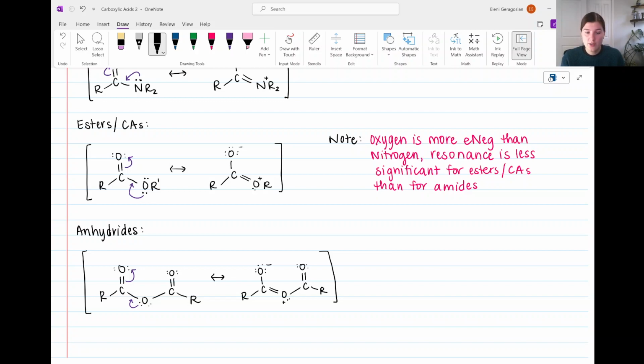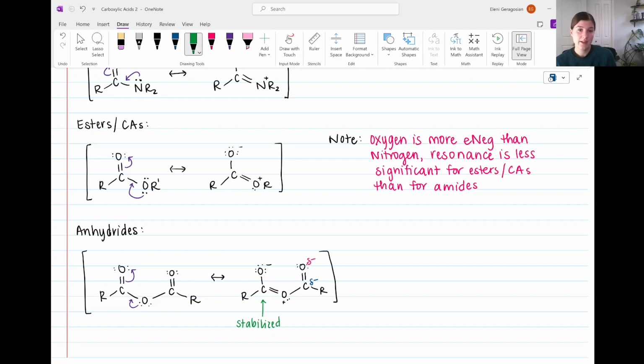Now this electron donating effect of this oxygen does help stabilize this carbonyl carbon. So we're stabilized over here, but let's remember that the carbonyl carbon has a partial positive charge. Carbonyl oxygens have a partial negative charge. Even without showing the resonance, that partial charge is always present.